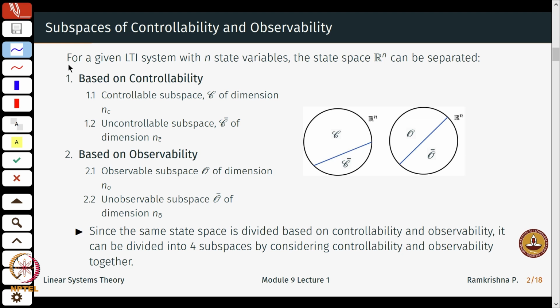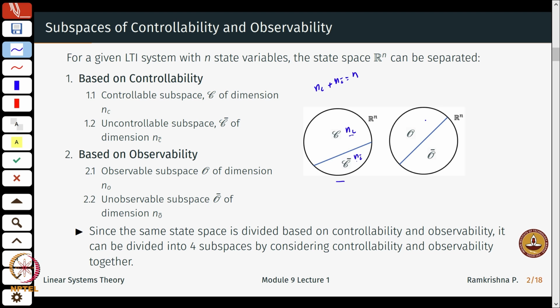If I just look at the standard controllability notion, I could decompose my system into the controllable part and the uncontrollable part. I'll call this n_c bar in such a way that n_c plus n_c bar is equal to n. So I am just looking at the dimension of the controllable and the uncontrollable part.